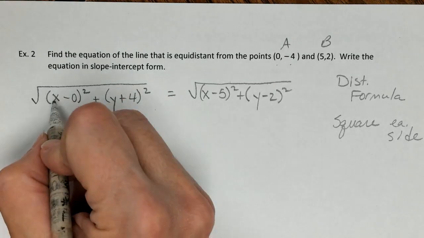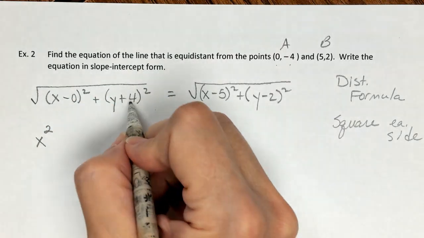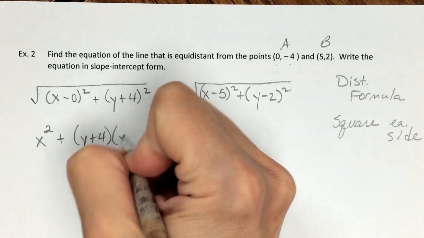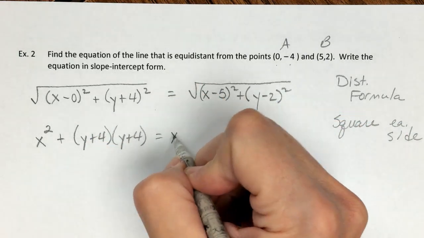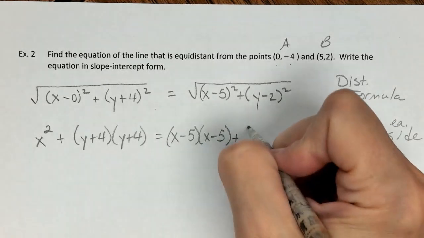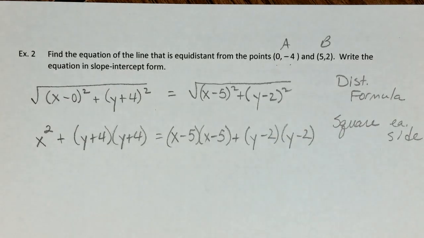This is just x squared. I'm going to go ahead and write it like that now. And then this one is y plus 4 times y plus 4. And then here we have x minus 5 times x minus 5 plus y minus 2 times y minus 2.